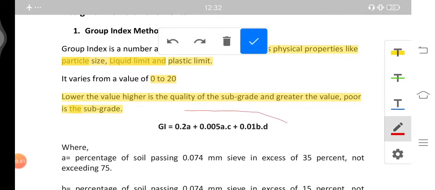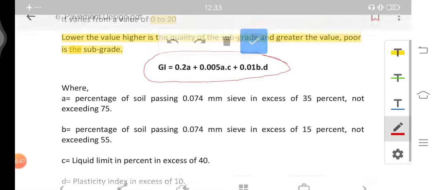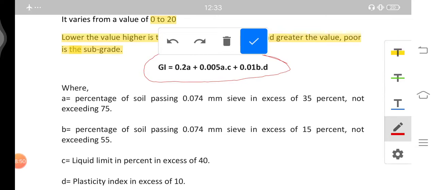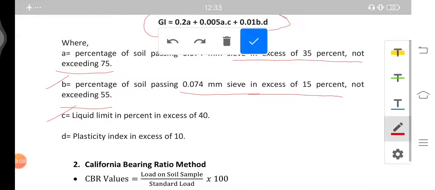This is the formula for group index, where A is the percentage of soil passing the 0.074 millimeter sieve in excess of 35%, not exceeding 75. B is the percentage of soil passing the 0.074 mm sieve in excess of 15%, not exceeding 55. C is the liquid limit in excess of 40, and D is the plasticity index in excess of 10.